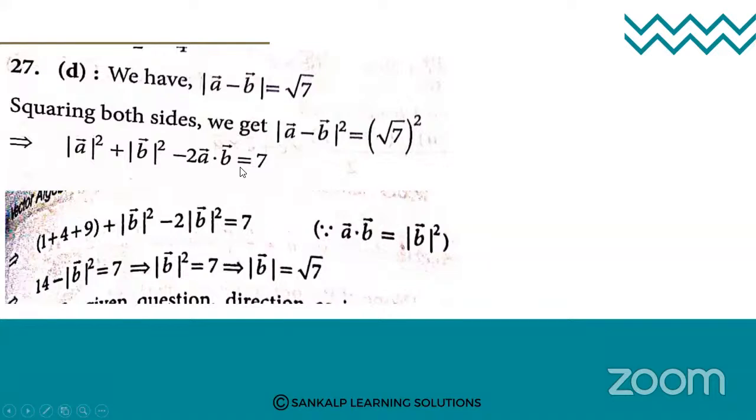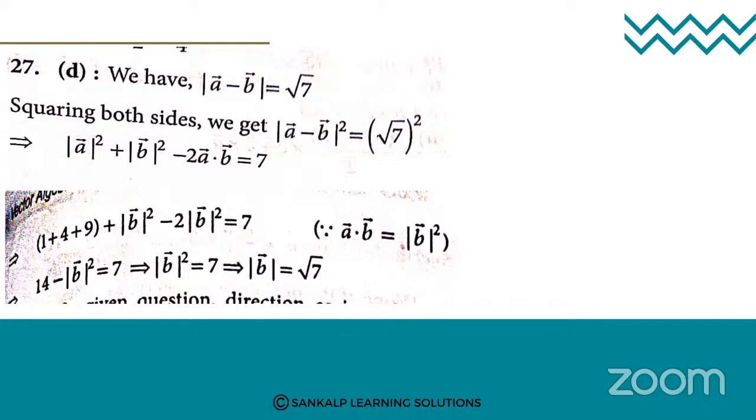We know A dot B is mod B square, and mod of vector A square will be 1 plus 4 plus 9. So we get 14 minus mod B square equal to 7, which implies mod B square is equal to 7, or mod of vector B is root 7.